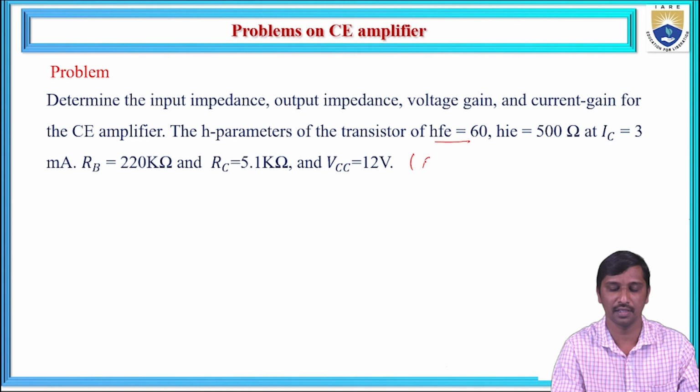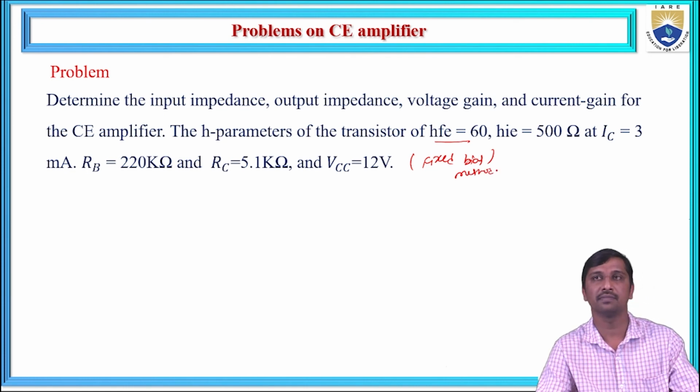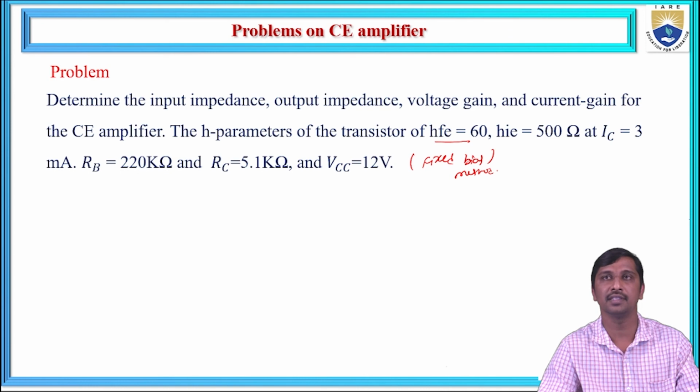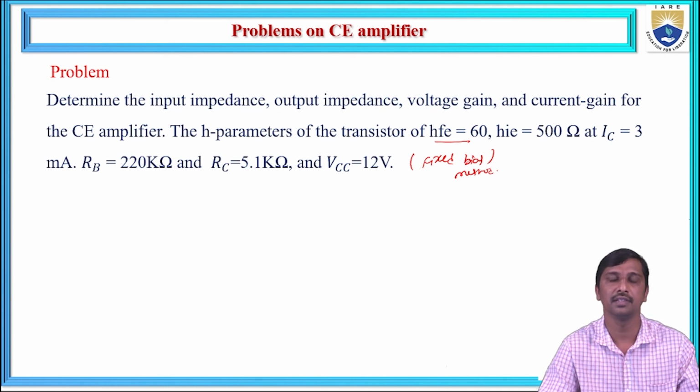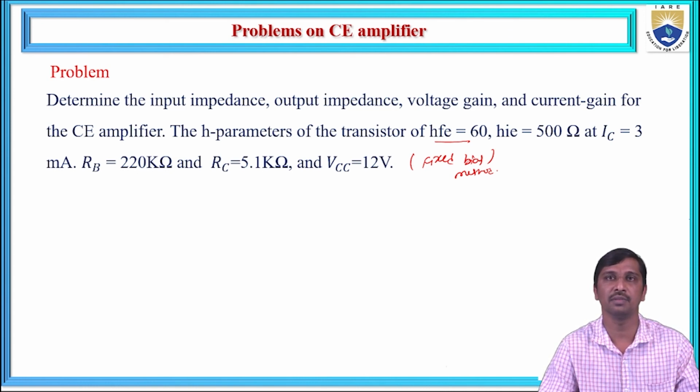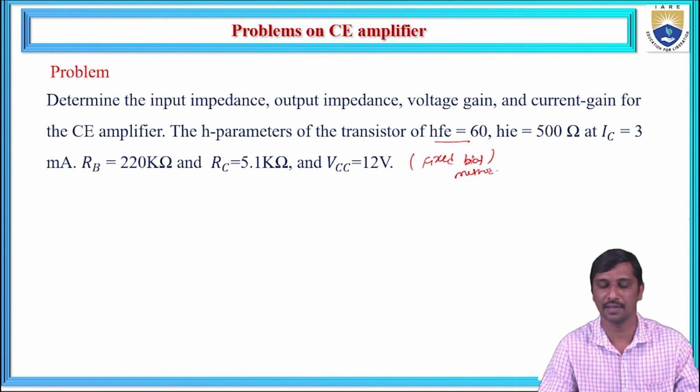Here it uses a fixed bias method. Based on this fixed bias method and the amplifier analysis, we need to calculate the parameters like input impedance, output impedance, voltage gain and the current gain.